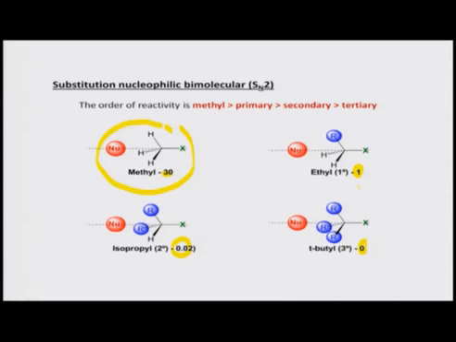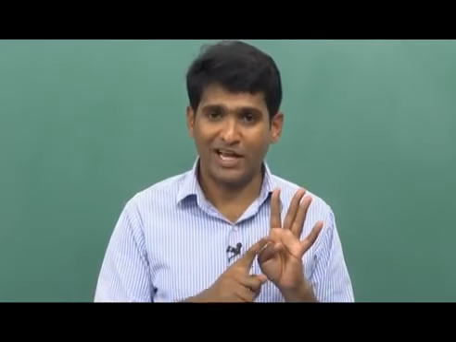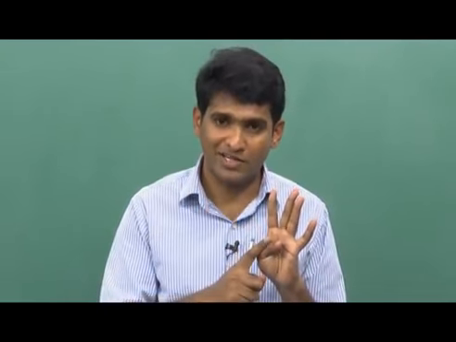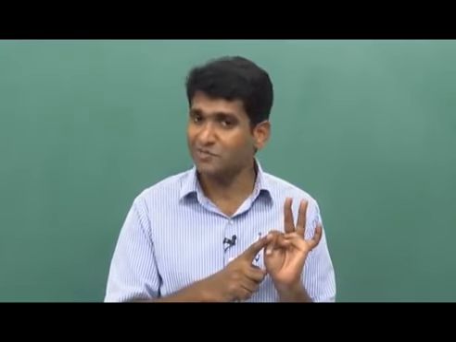This tells you that the rate of these reactions is largely dependent on the bulkiness of the groups around a carbon atom. The less substituted the carbon atom, the faster the rate of an SN2 reaction, and as we keep on adding substitutions on this, the reaction becomes slower. There are very many things associated with this SN2 reaction. It is a bimolecular reaction. It depends on the concentration of the nucleophile and also on the concentration of the alkyl halide being used.